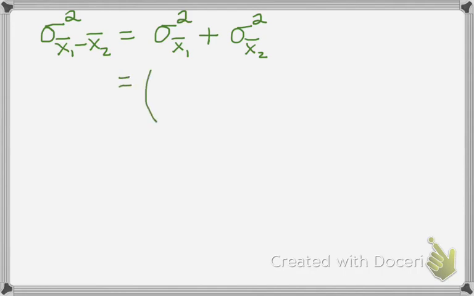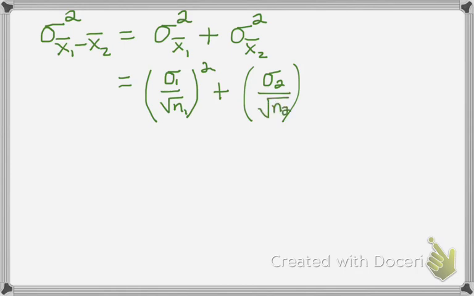Now let's substitute. Sigma x bar 1 would be sigma 1 over the square root of n1, and that's for the first, and then square that, plus the standard deviation of x bar 2, which would be the standard deviation from the second divided by the square root of the sample size of the second, and that's squared. We do a little simplification. Square the numerator, square the denominator.